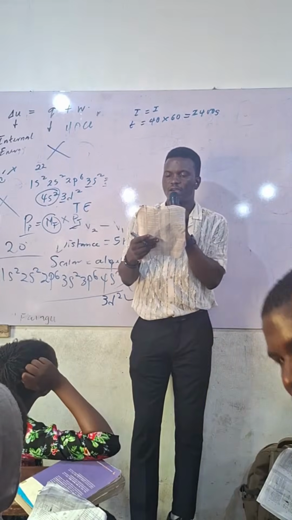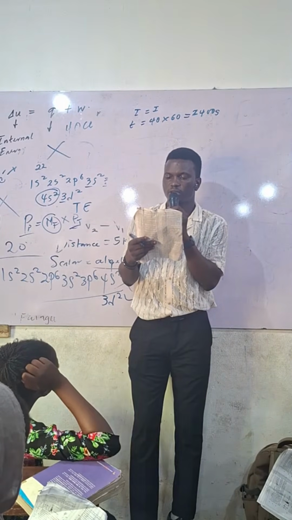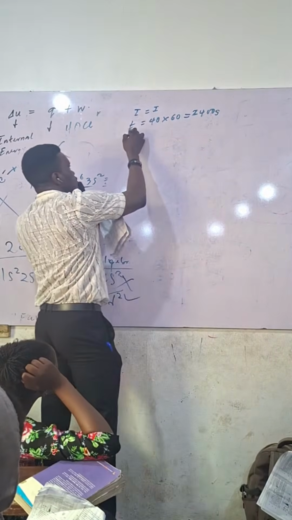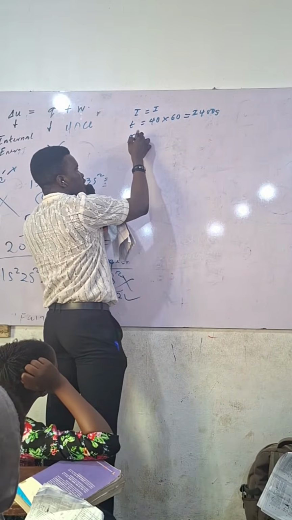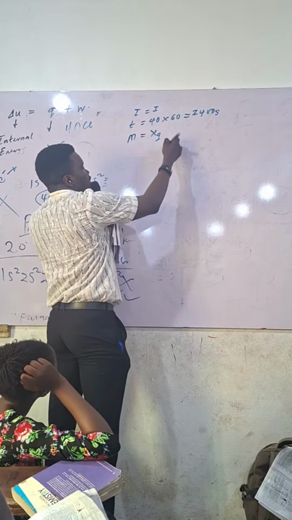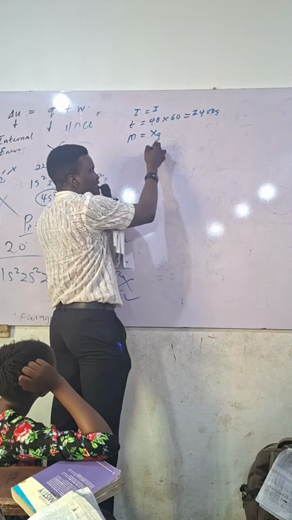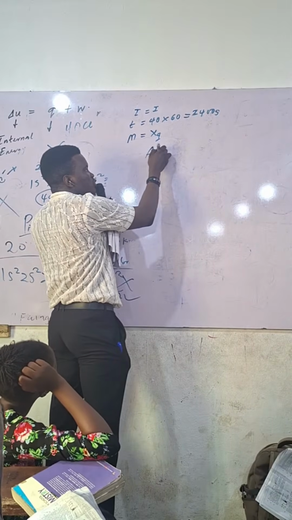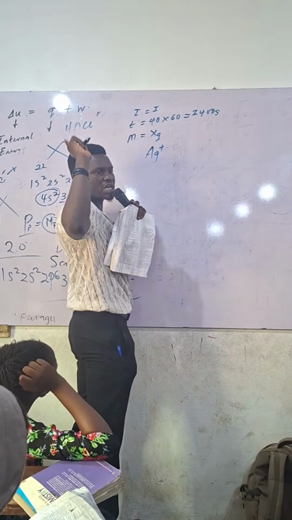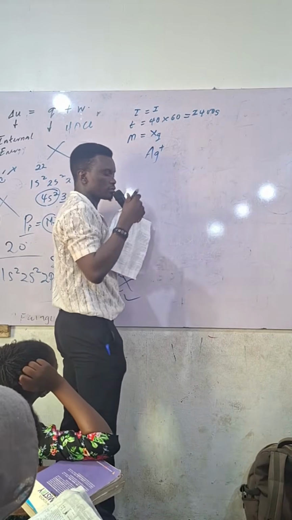When the current I was passed through an electrolyte for 40 minutes, a mass X gram of a univalent metal was deposited. Univalent metal means it's just one charge, just one.